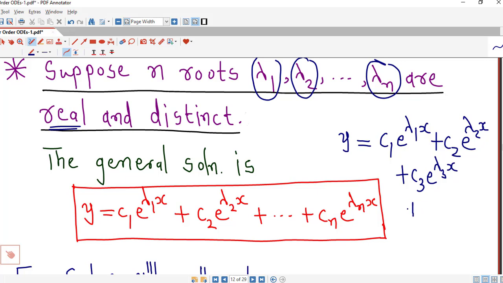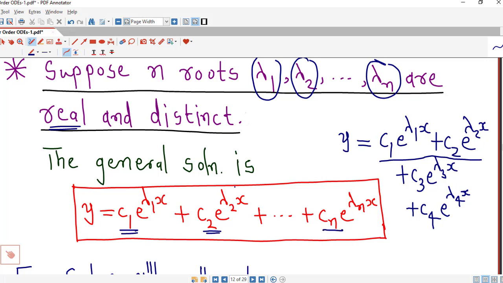Suppose the order of the equation is 4 and all the roots are different, then we will add c4 times e raised to lambda 4x. So it is similar to the case of the second order equation. In second order equations we have 2 arbitrary constants, and in an nth order differential equation we must have n arbitrary constants.